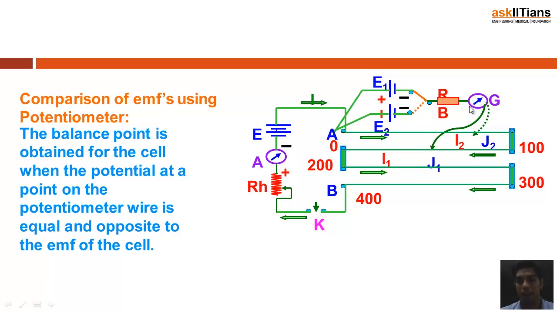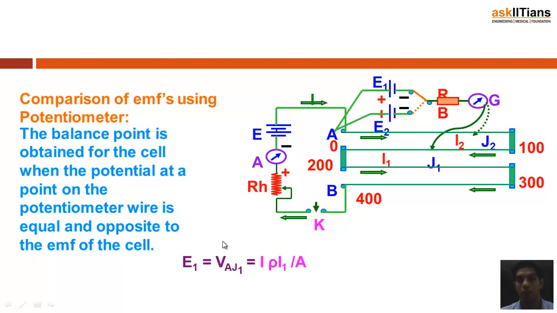So that implies that the current flowing through this, that is the resistance of the position of the jockey, that is this, let's say L2 is the equilibrium length, then L2 times the current flowing in the circuit has to be equal to the EMF of the battery.